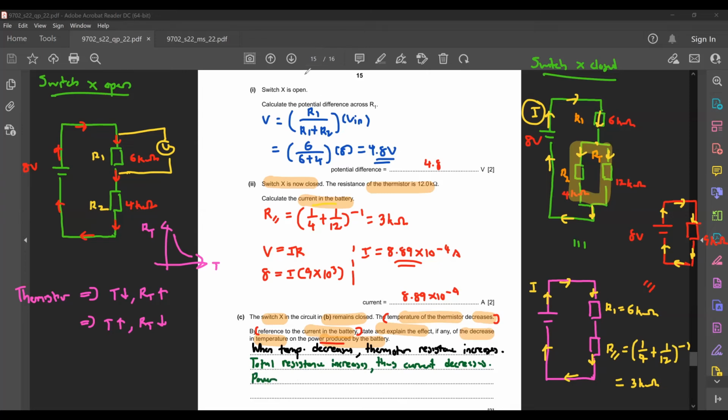So power produced by a battery: if you're talking about power produced by a battery, P is equal to EI.